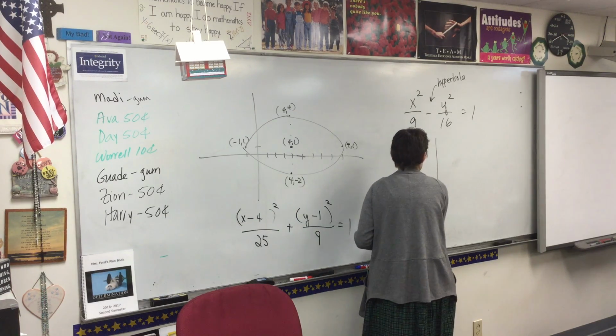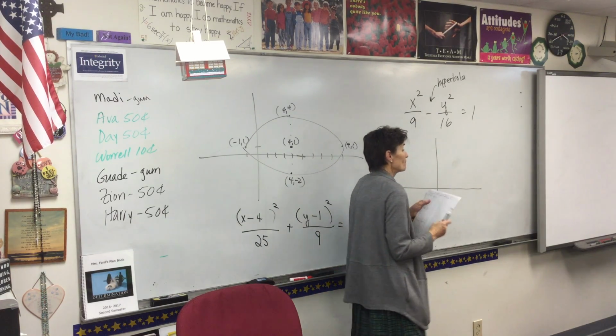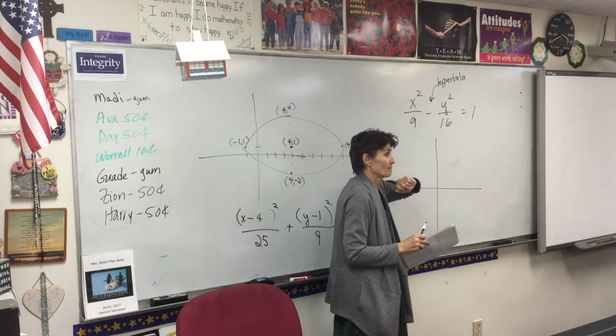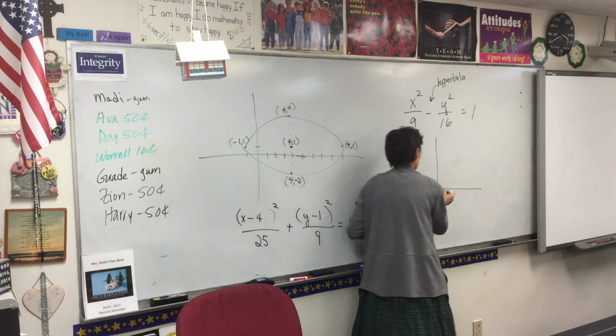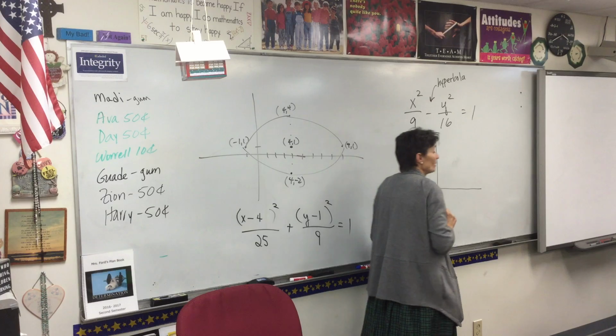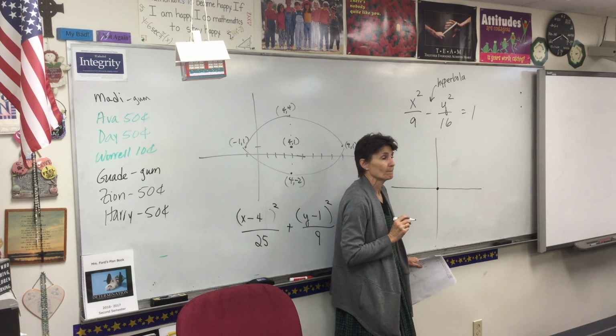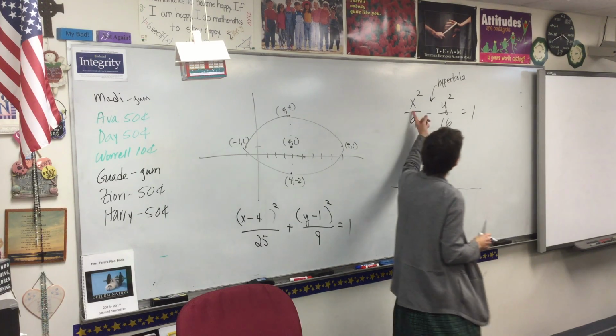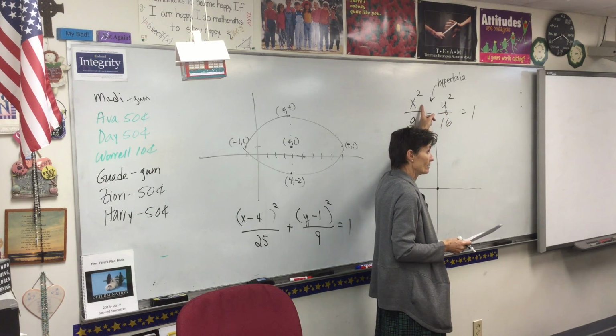So the first thing is the center. Now take a look at that equation. Where do you think the center is? The origin, 0, 0. How do we know? What about the equation tells you you're at the origin? Abby says there's nothing added or subtracted to it, right?